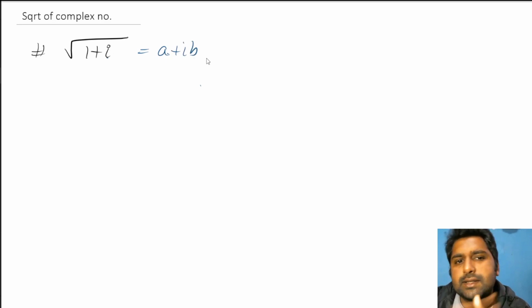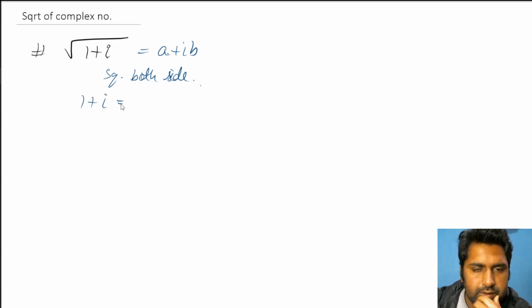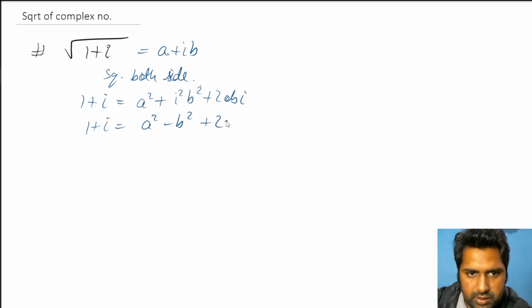Now the idea is you square both sides. So 1 plus iota is, squaring this, a square plus iota square b square plus 2ab iota. So 1 plus iota becomes a square minus b square plus 2ab iota.